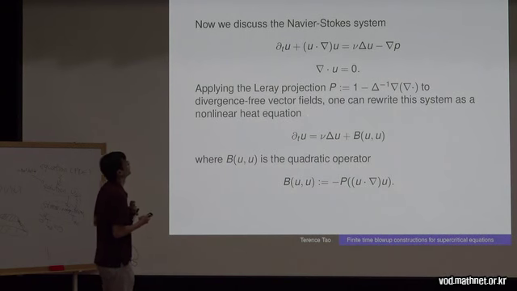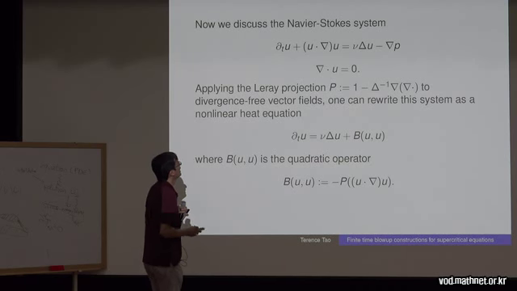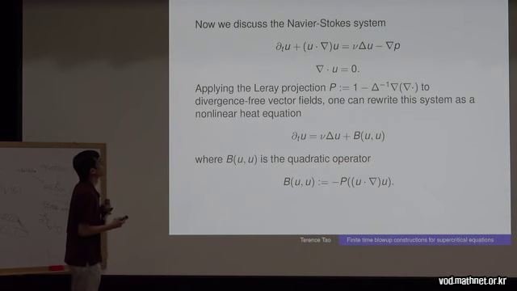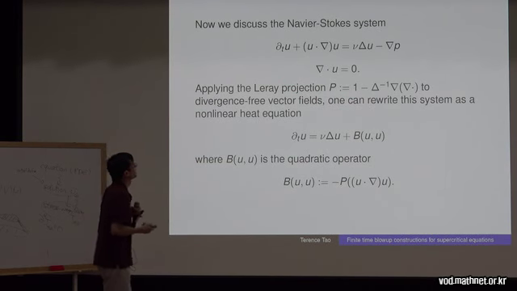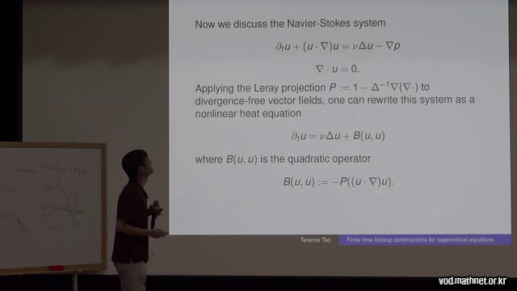This is an equation for studying fluids with both viscosity and pressure. Pressure is a bit annoying, so it turns out that you can eliminate pressure from this system. There's a singular integral called the Leray projection. It's the orthogonal projection to divergence-free vector fields. Pressure is a gradient, and gradients are always orthogonal to divergence-free vector fields.